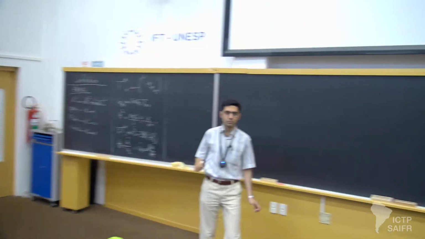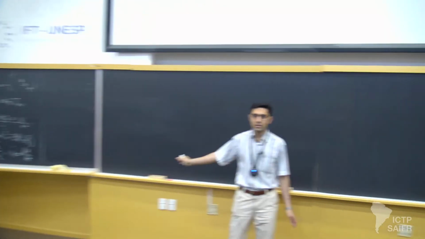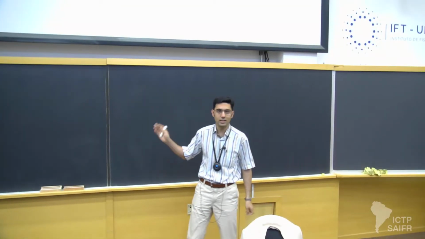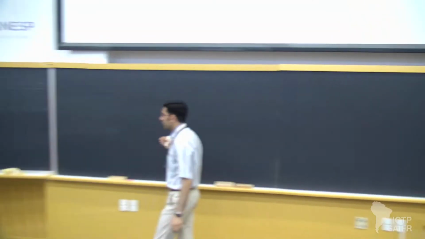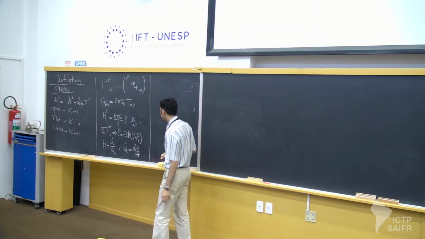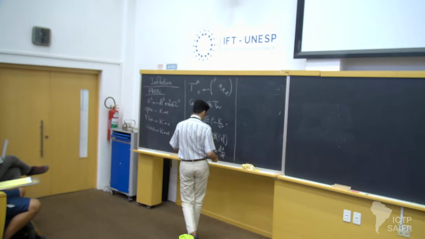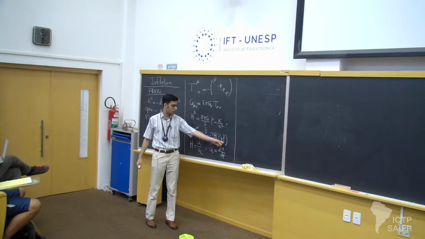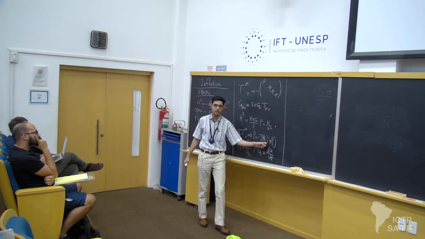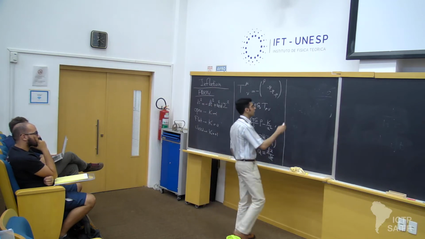So dot always means d by dt. We have this system of equations, a system of ODEs, that we want to solve as a function of time. And we can solve them if we know how the pressure depends on density, which is called the equation of state.